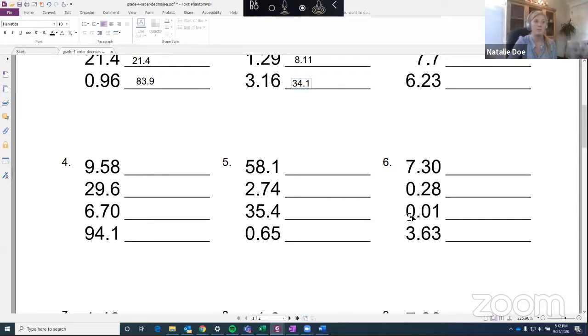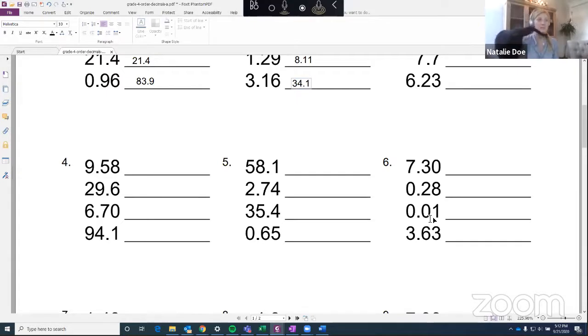Just like with whole numbers, where the tens place means more than the ones place, the tenths place is bigger than the hundredths place. So we're going to look at the tenths place first. Between these two numbers, which one is bigger is going to depend on comparing 2 to 0.